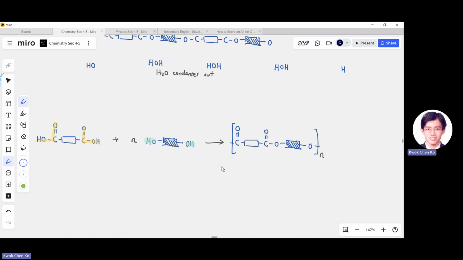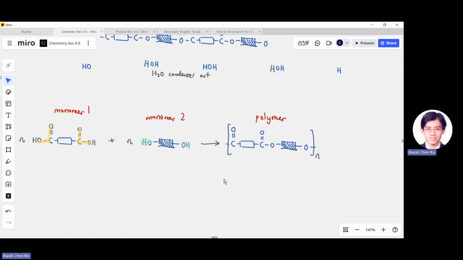Hopefully you recognize, so I have my monomer one here, monomer two there, and my polymer on the right. So that is your equation for your polymerization reaction.